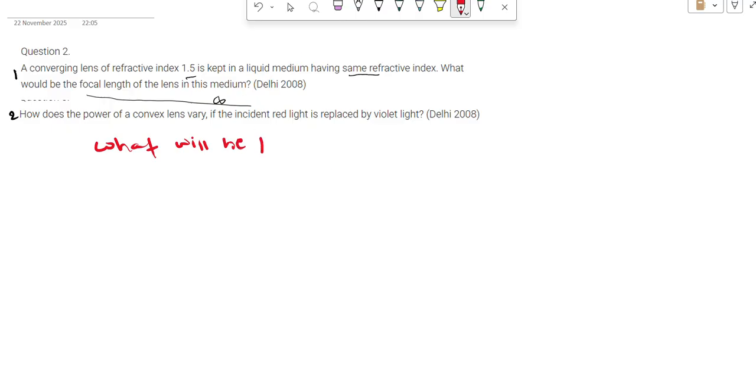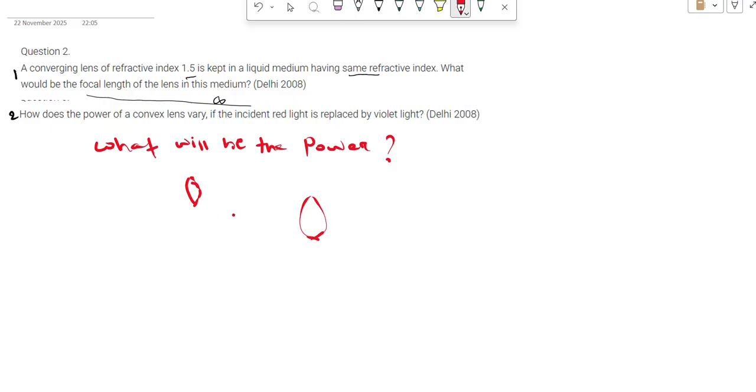What will the power change be when the convex lens, consider this is your convex lens, has incident red light replaced by violet light?